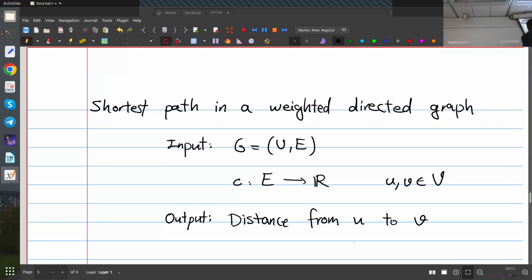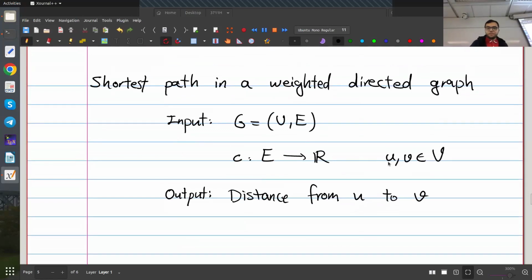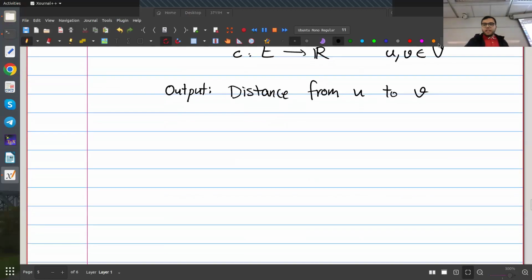Okay. And let's say I want to solve this using dynamic programming. Now, how can I do this? Well, again, just think of how you can write a recursive solution and then think of how to turn that recursive solution into dynamic programming. So let's say I have a bunch of vertices. Of course, I have my vertex U, which is my source here, and I have a ton of other vertices in my graph, right?